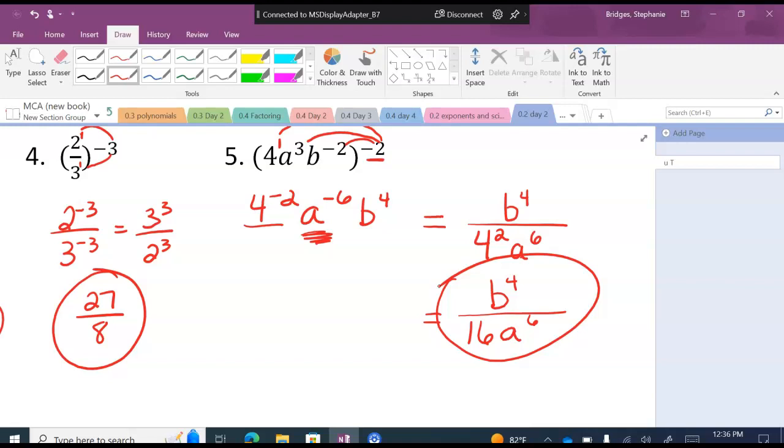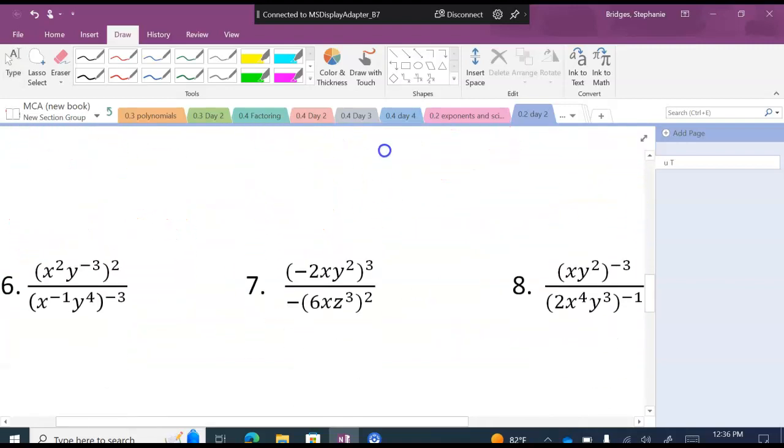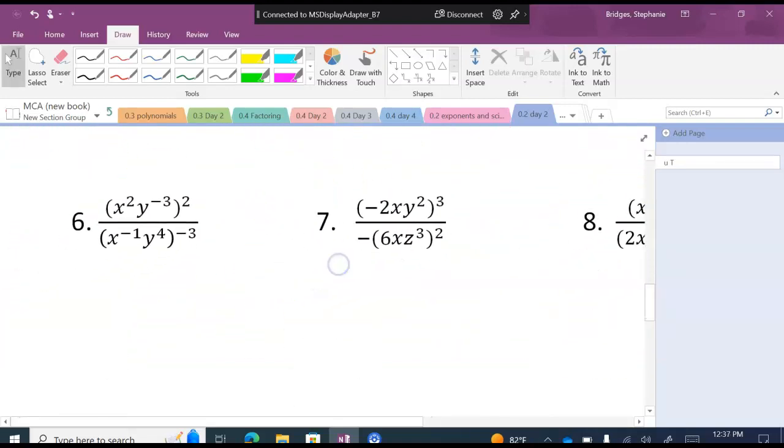Every exponent has a negative, flip positive. Flip around. Yes. If it has a negative exponent, it's going to move. So if it's in the top and its exponent's negative, it goes to the bottom. If it's in the bottom with an exponent that's negative, it goes to the top. Yes. All right. I would like for you to try number 6.